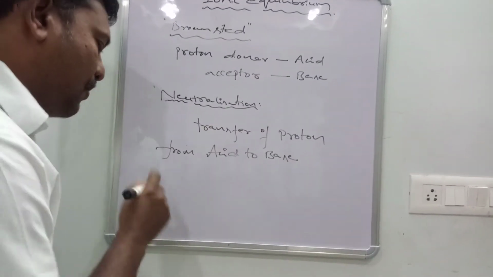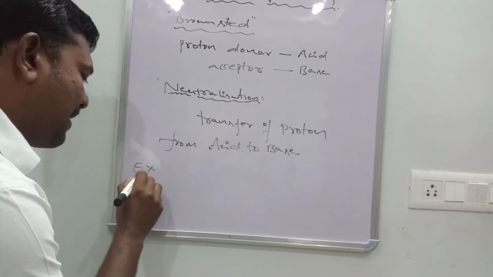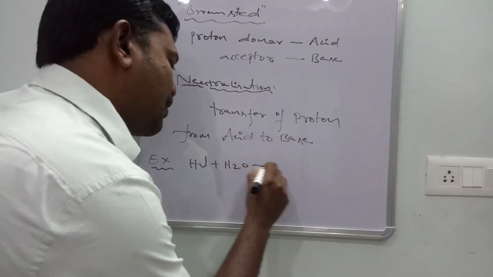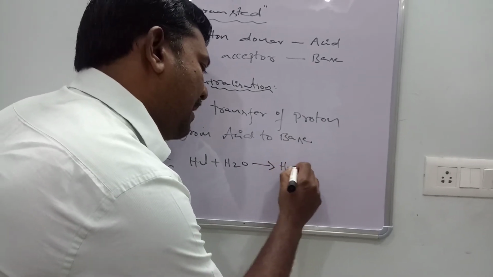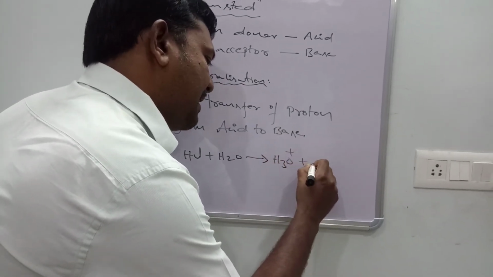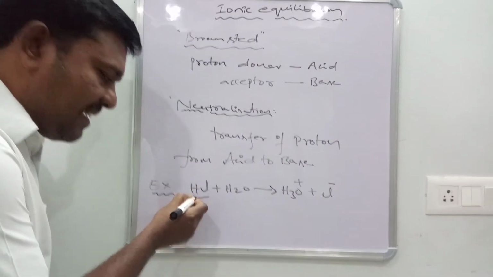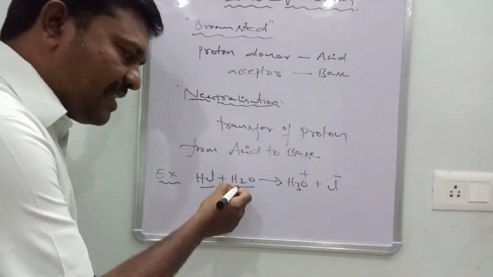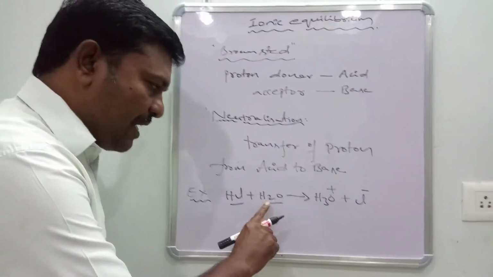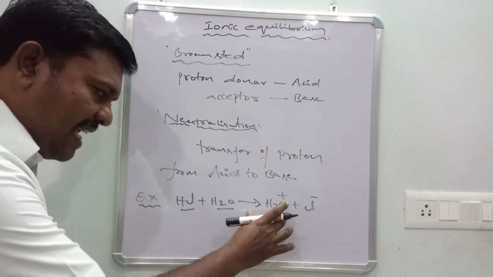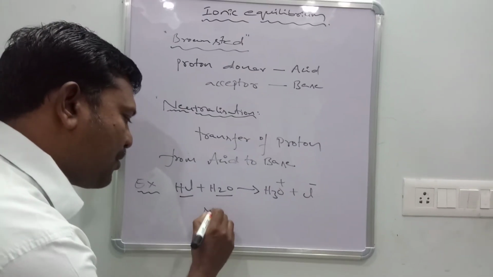For example, HCl plus H2O gives rise to H3O plus and Cl minus. It is one of the reactions. Here HCl is the acid, H2O is the base. From HCl to H2O, one proton is transferred. That's why that reaction is known as a neutralization reaction.